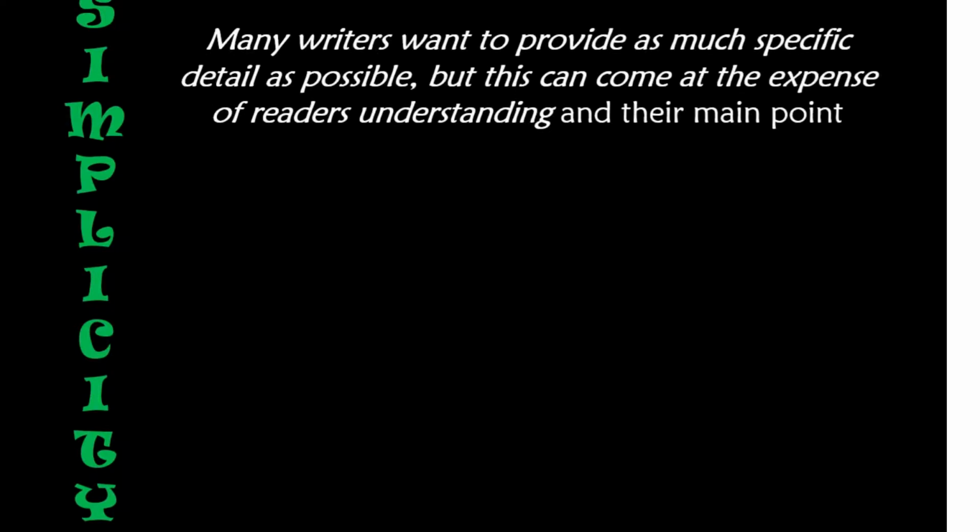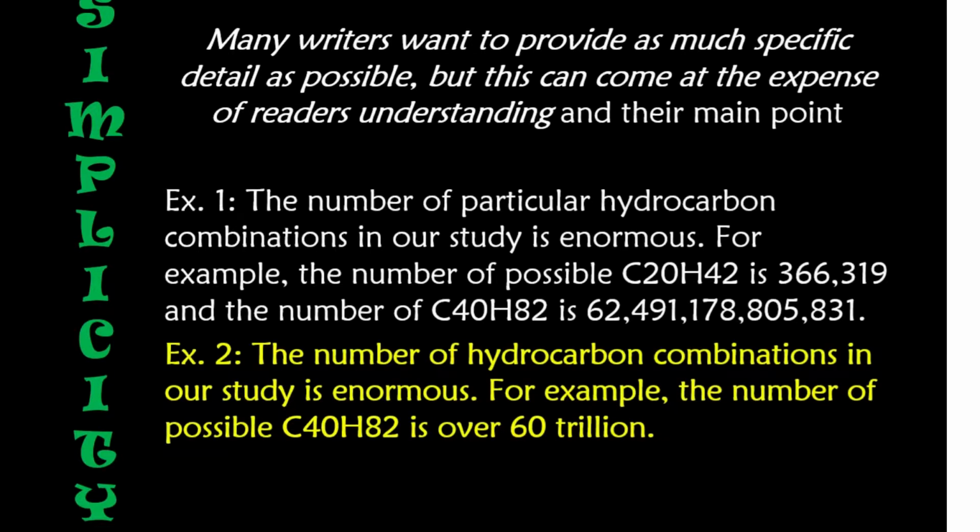Many writers want to provide as much specific detail as possible, but this can come at the expense of readers' understanding and their main point. Example in yellow text is under this principle.